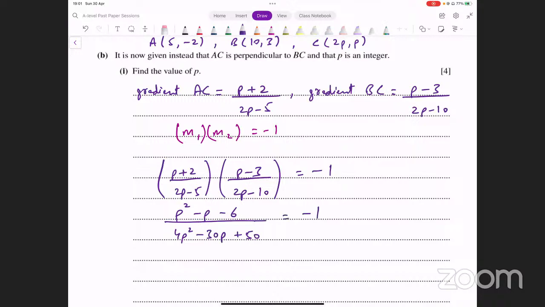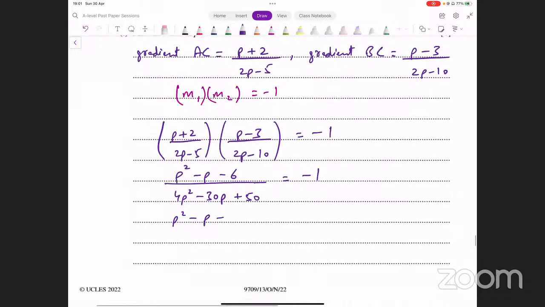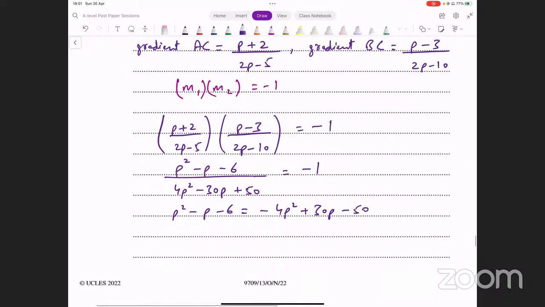This side is -1. This goes to the other side, gets multiplied there, and we have P squared minus P minus 6 equals minus 4P squared plus 30P minus 50. Take everything to one side, and let's see what that gives you. 5P squared, and then minus 31P minus 6 plus 50, that is plus 44 equals 0.